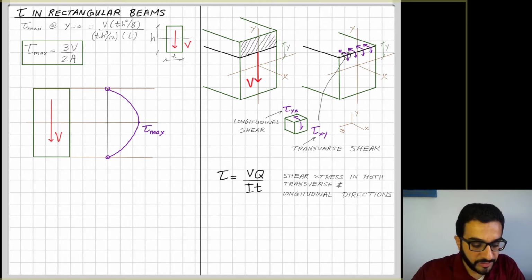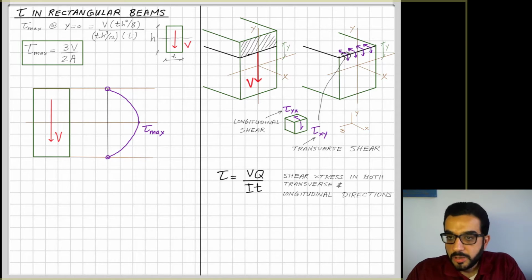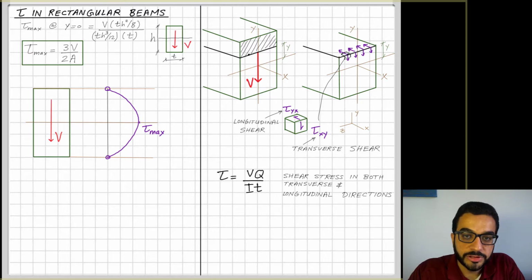So that's the end of this video. We'll learn more about Q. Q is the key, similar to J in the shear stress from torque, where tau is equal to TC over J. J is the key word here, the real acting factor in the case of shear stress from torque.